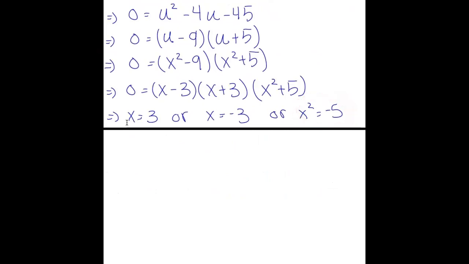So there's no real solutions here. I can't put that on a graph for an x-intercept. So then my x-intercepts are plus and minus 3. So x-intercepts are 3, 0 and negative 3, 0.